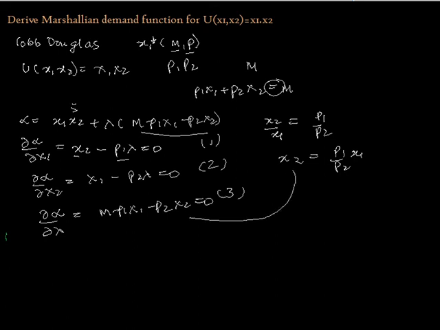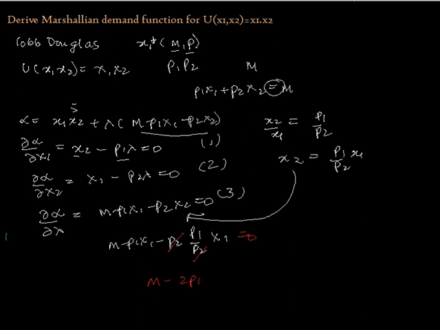Now substitute this x2 into the third equation. Your third equation becomes m minus p1 x1 minus p2, and in place of x2 you write p1 by p2 into x1. So these p2 and p2 get cancelled out. Of course, this is equal to 0, and what will we be left with?